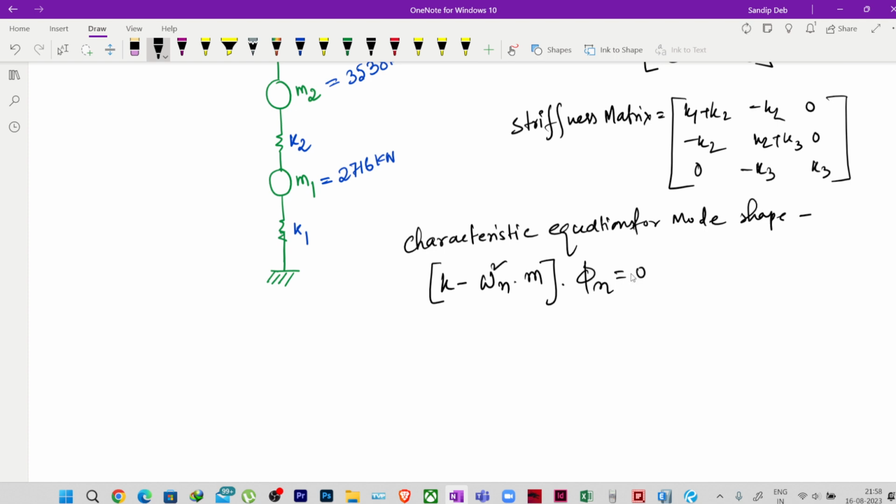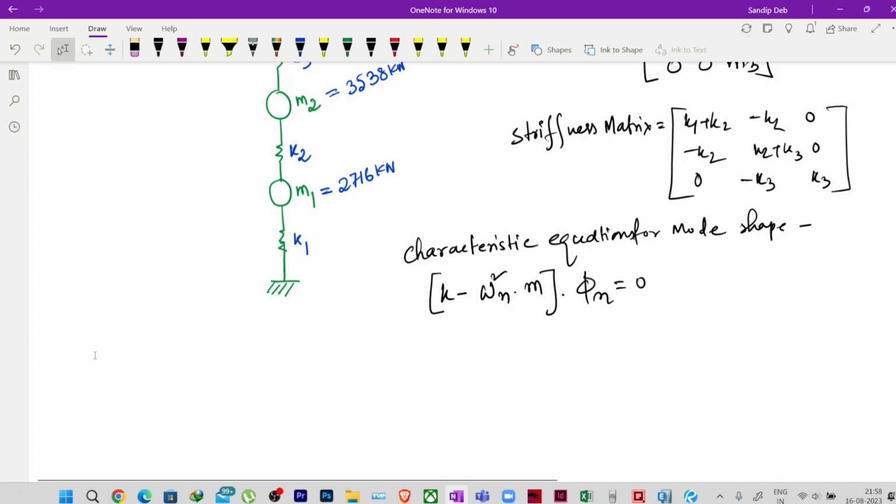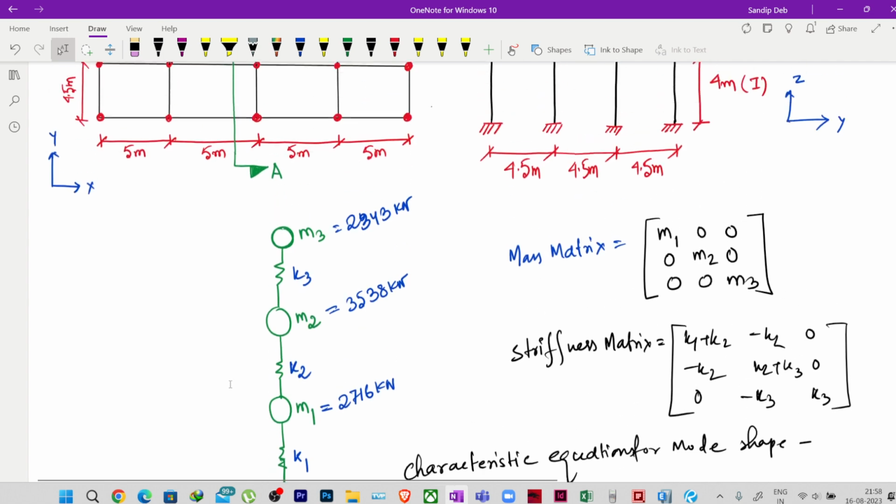So this is the mass matrix and the stiffness matrix. Once you solve this equation, you will find lambda 1, lambda 2, lambda 3, and you will find the mode shape coefficients for this particular structural element in each direction.